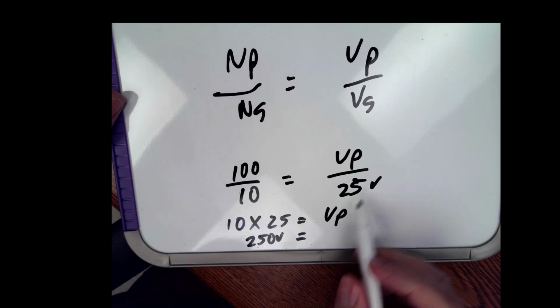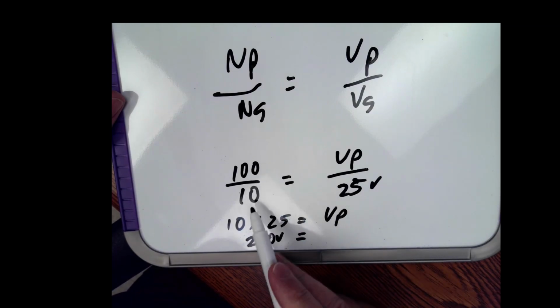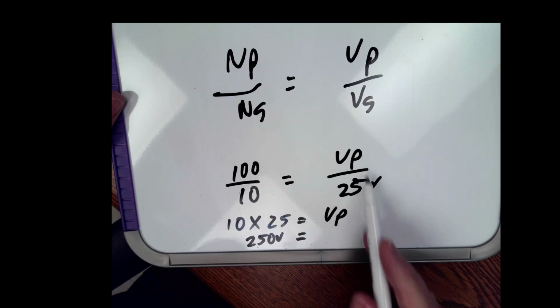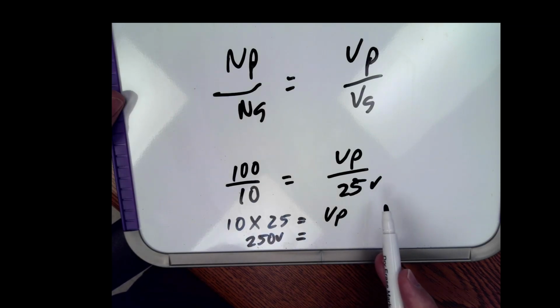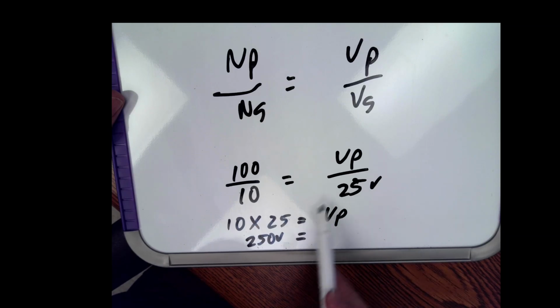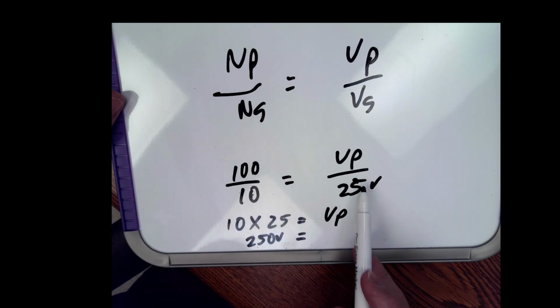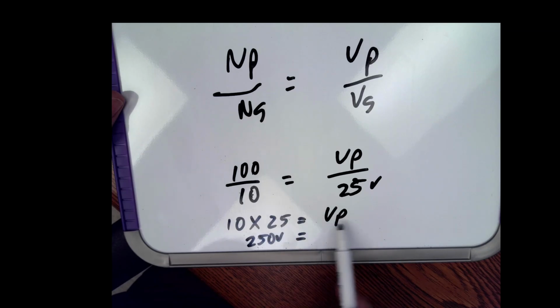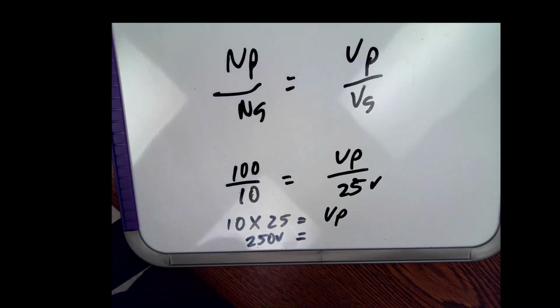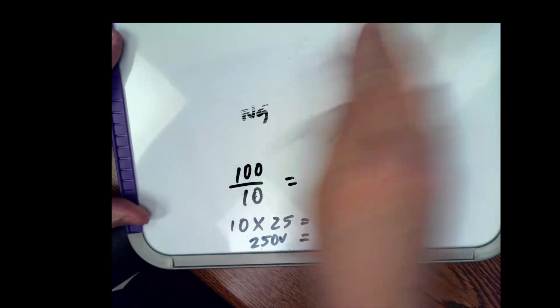So the voltage in the primary, if it's a 10 to 1 ratio, the voltage has to be a 10 to 1 ratio too. So you can solve this by doing the division first, multiplying times 25, and you'll get that. So there's several homework problems that have this same kind of concept on it.